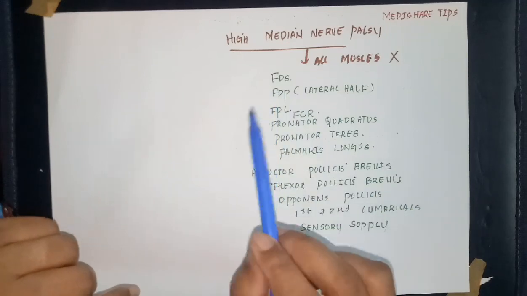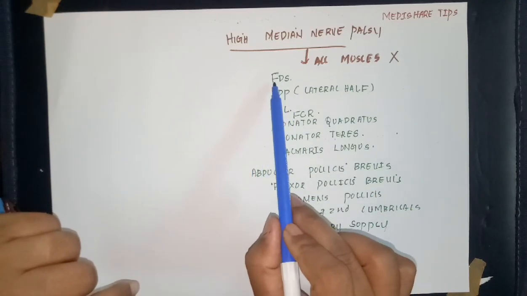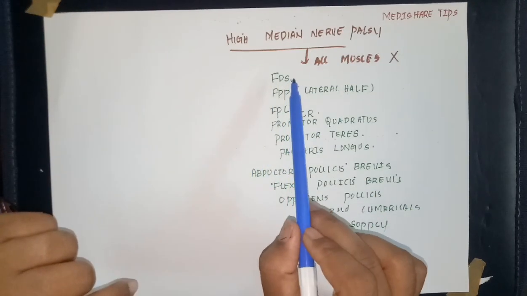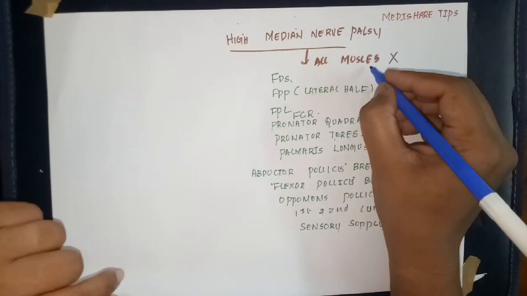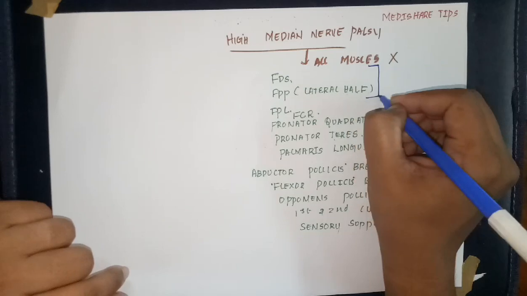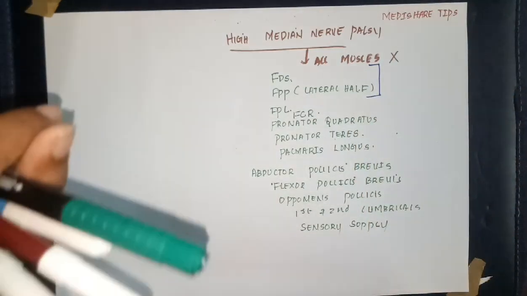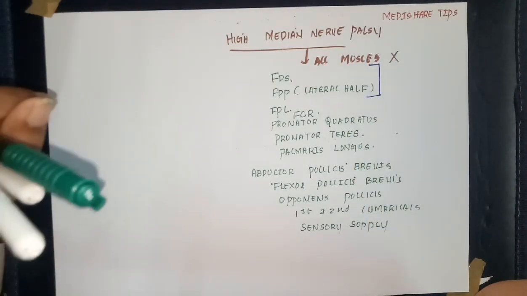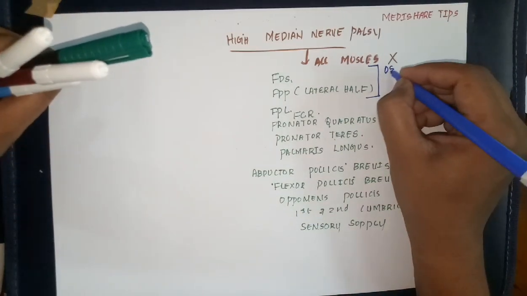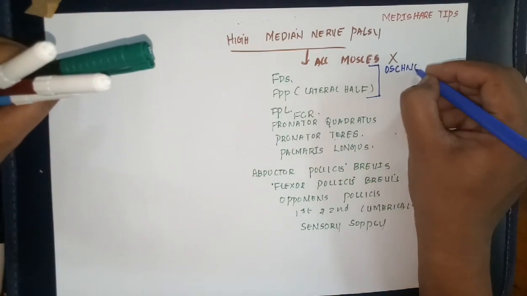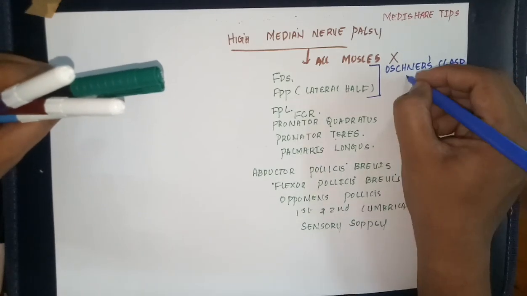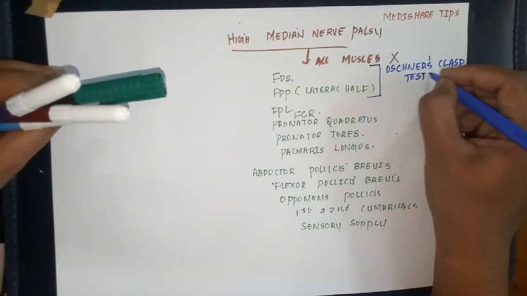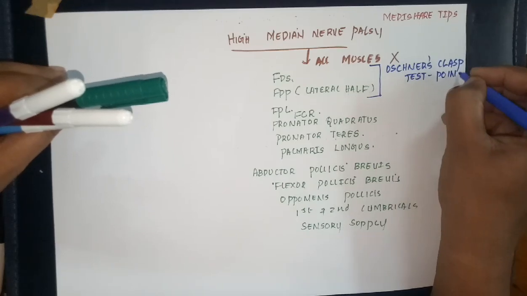Due to loss of nerve supply to the flexor digitorum superficialis and the lateral half of flexor digitorum profundus, there will be a pointing index finger when we are doing Ochsner's clasp test. Ochsner's clasp test shows a pointing index finger.